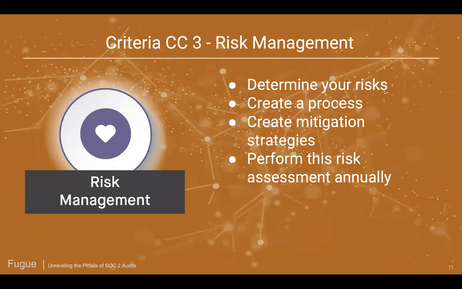The next common criteria I'm going to go over is risk management. And risk management is really determined by your business and what your business deems as a risk. Once your business identifies what you deem as a risk, you then want to create a process document describing what you consider to be a risk. In addition to that, your mitigation strategies to fix those risks, along with rating levels of each of those risks.